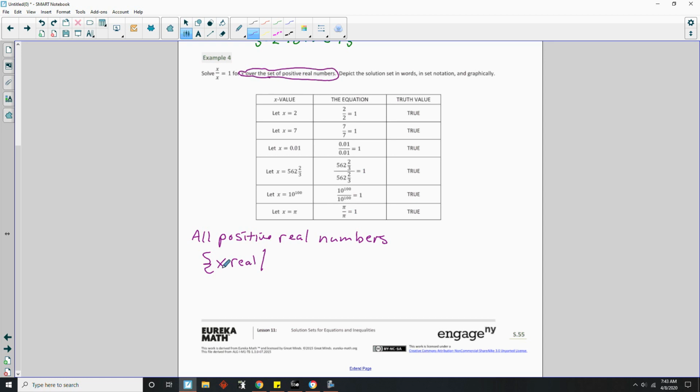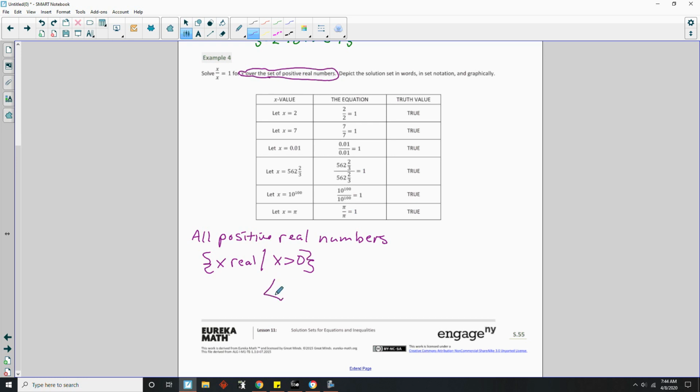The set of all x, that's how you say this, the set of all x that are real, such that x is greater than 0, close bracket. Okay, so that means all x is greater than 0. If they're real, then they're in this solution set. And let's read this again. This is read, the set of all x that are real, such that x is greater than 0.